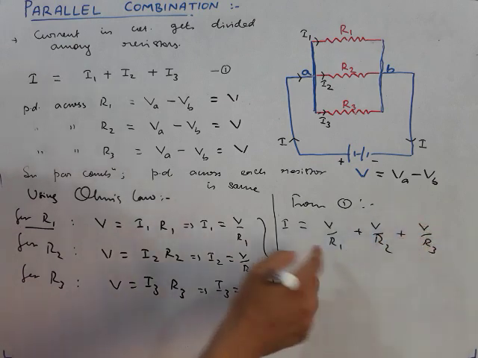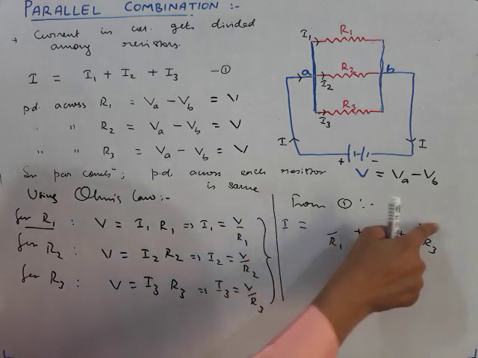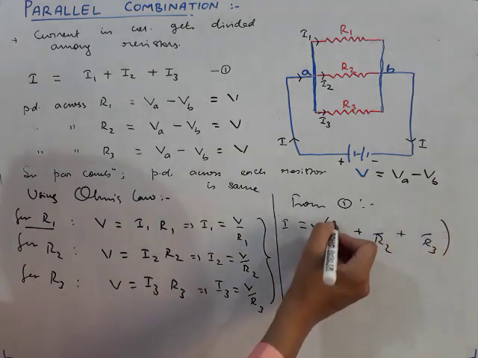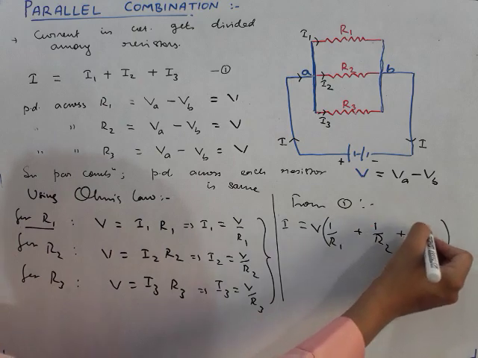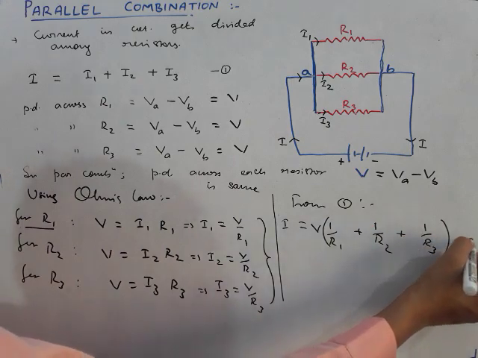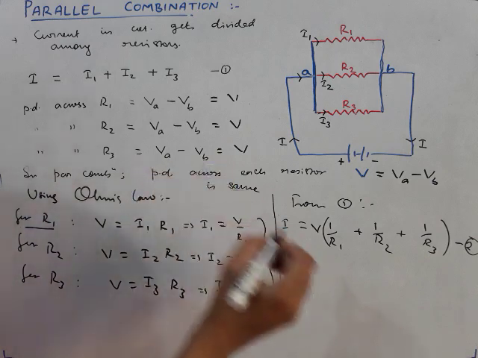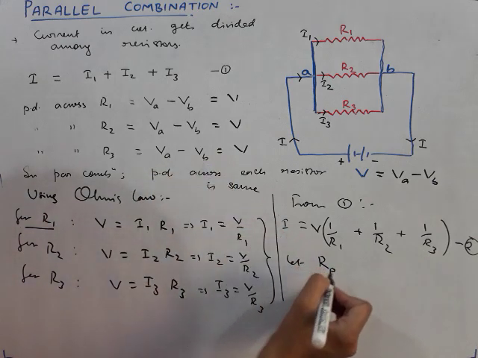Now what is common, students? V is common. So let us take V outside the bracket. And what will be left? 1 by R1 plus 1 by R2 plus 1 by R3. And I'll write that as equation number 2. Now we'll assume RP, P for parallel.